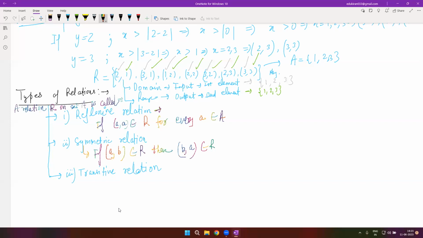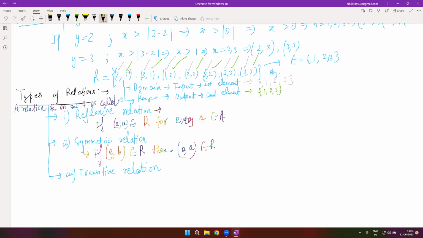And you can also understand the meaning of symmetric because they are basically a mirror image of itself. 1 comma 2 and 2 comma 1 are mirror images of each other. They are symmetric in nature. So for a given pair A comma B, B comma A should also be present in the relation. If the relation follows this rule for all the pairs inside it, then the particular relation will be called symmetric. Otherwise, it's non-symmetric, right?